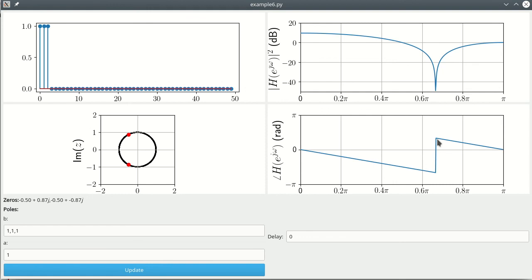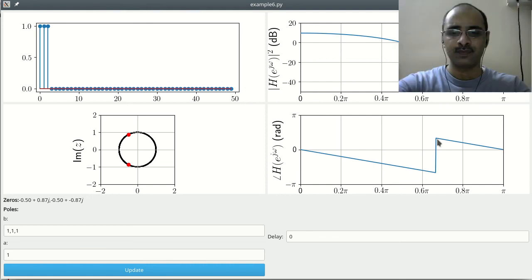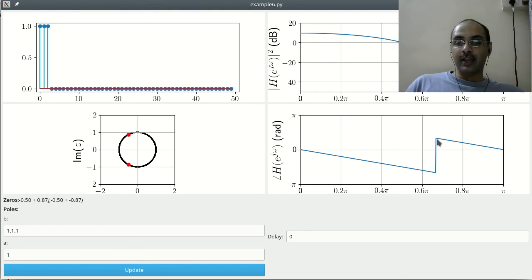A phase of phi and a phase of phi plus 2 pi or phi minus 2 pi are the same. Any other phases are not the same. Now given that that is the case, what do you do over here? A pi jump indicates a sign change.